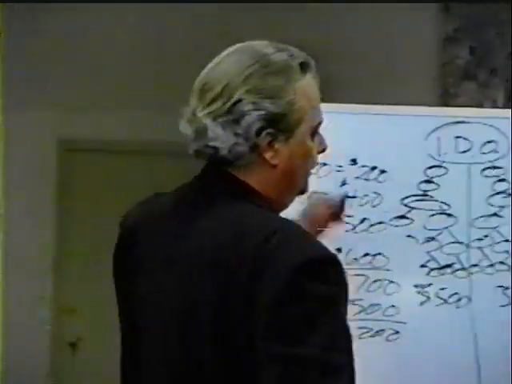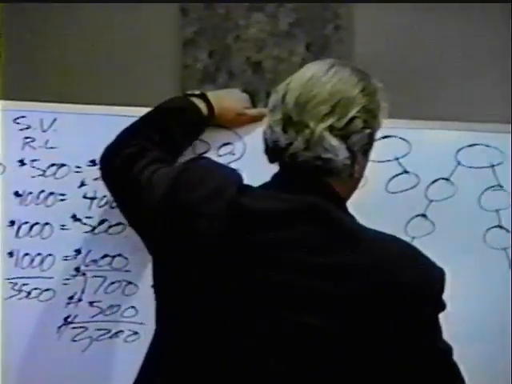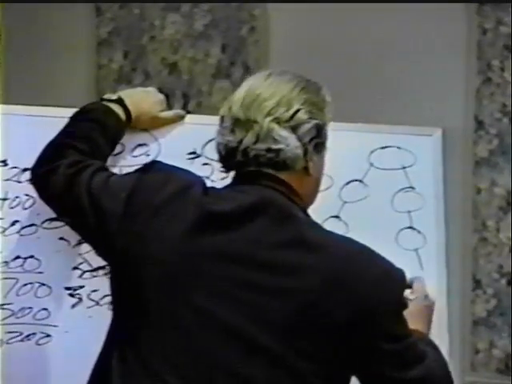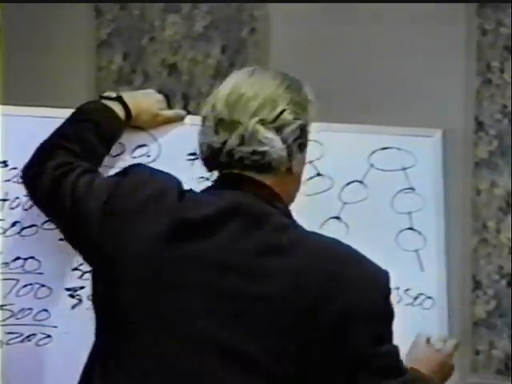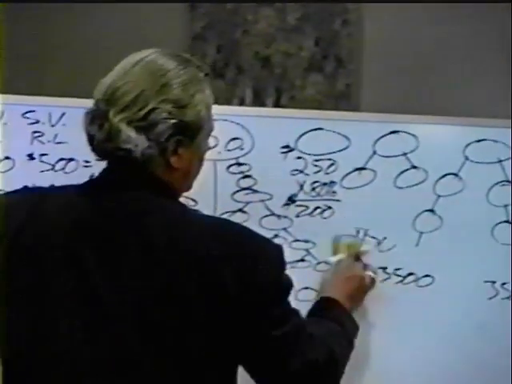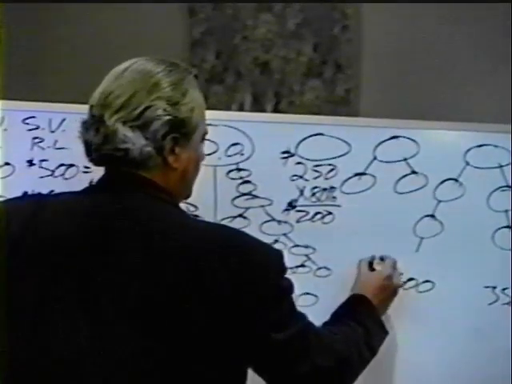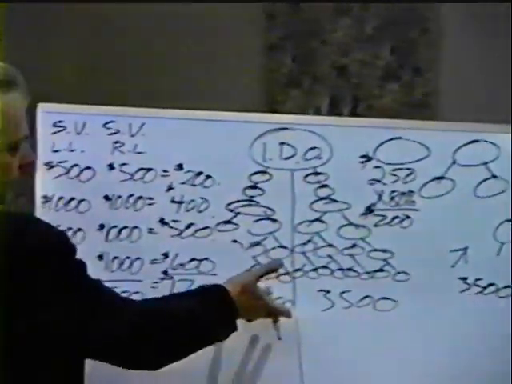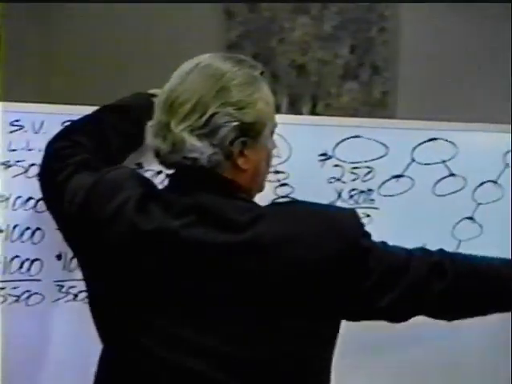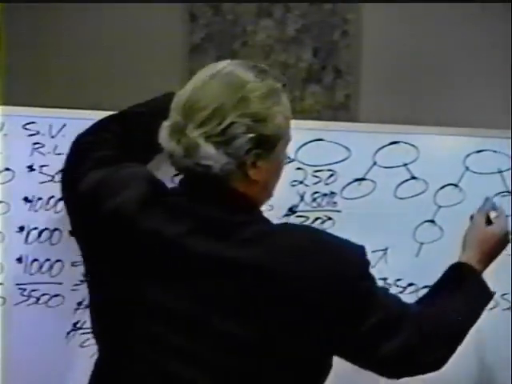Now let me show you how that works. First of all, in a binary, all of the sales volume flows up through the various independent distributor organizations. So all the sales volume flows up. So this $3,500 on the left would be flowing through 5 centers now if you elect to start with 5.